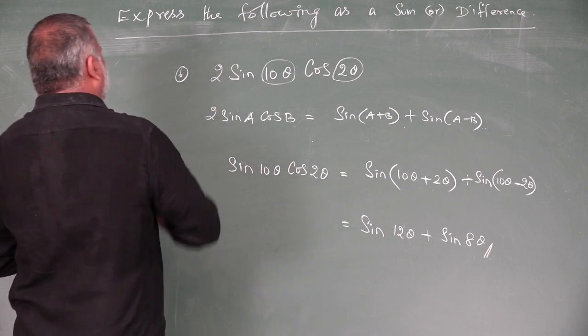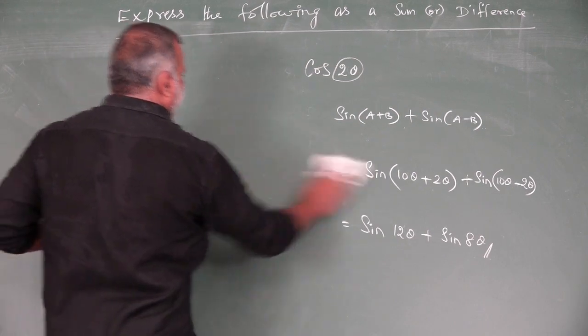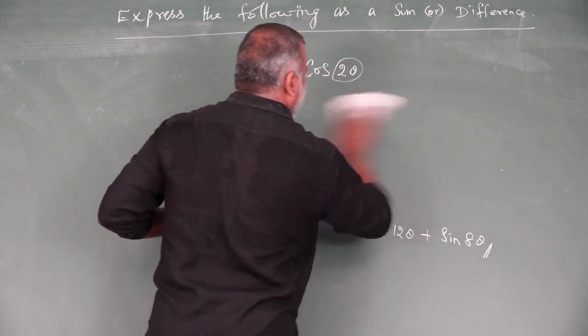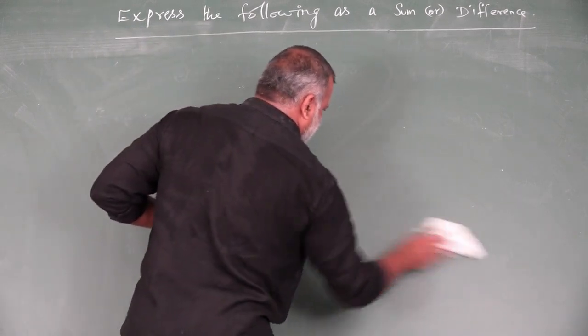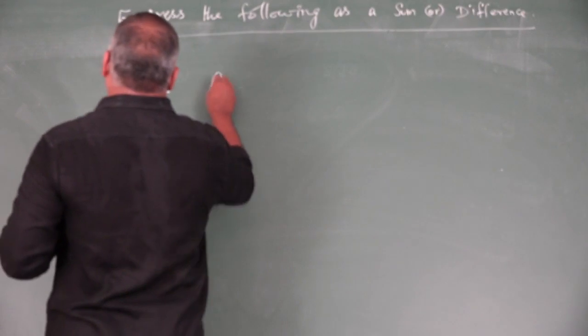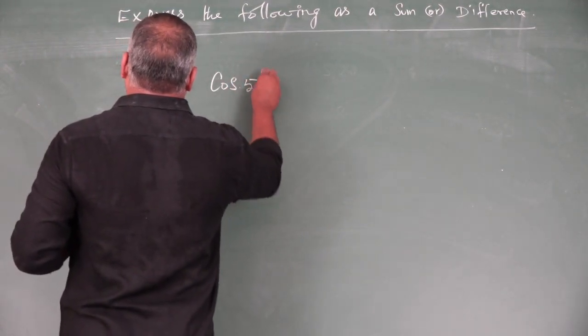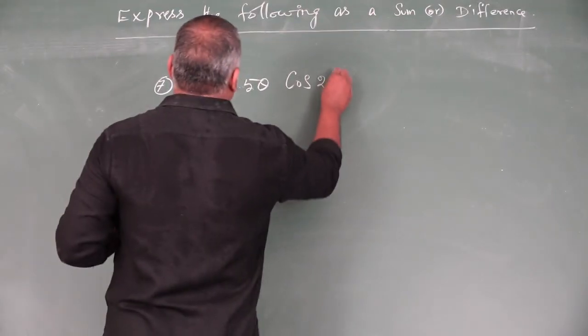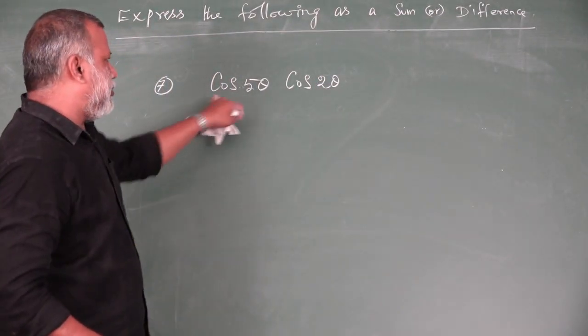Again, the same model. One more question. Sum number 7. Now listen. Cos 5 theta, again cos 2 theta. Now think about the result.